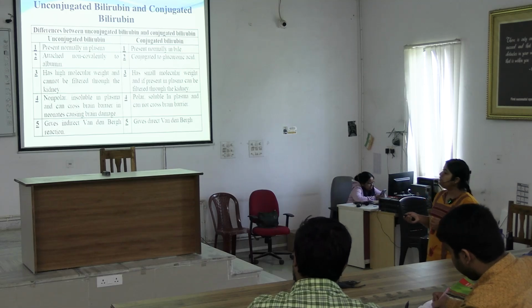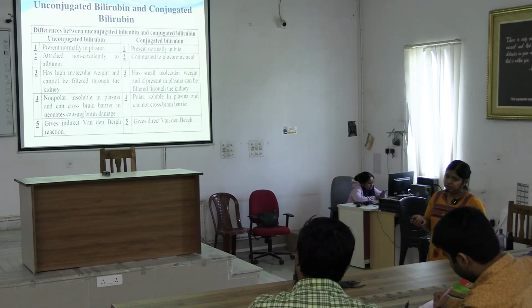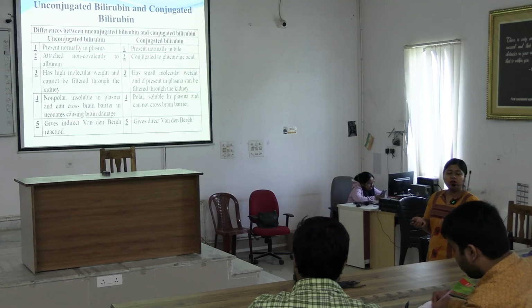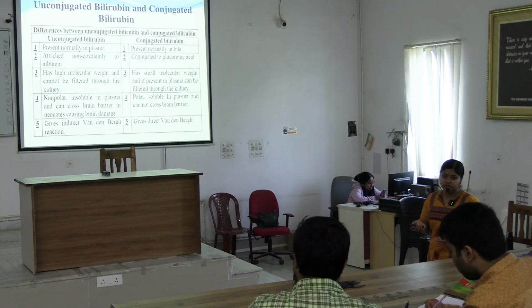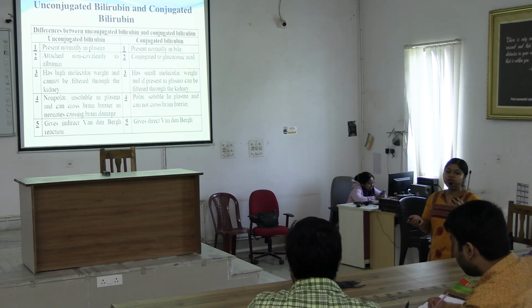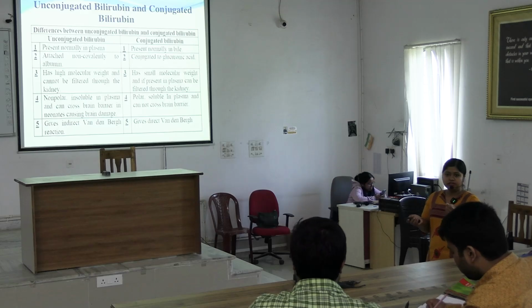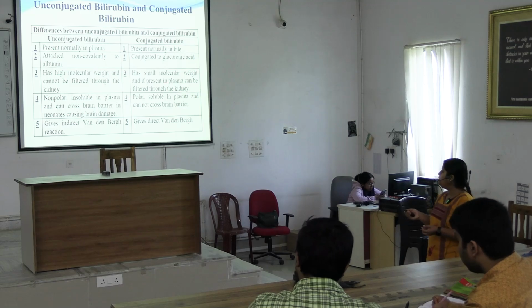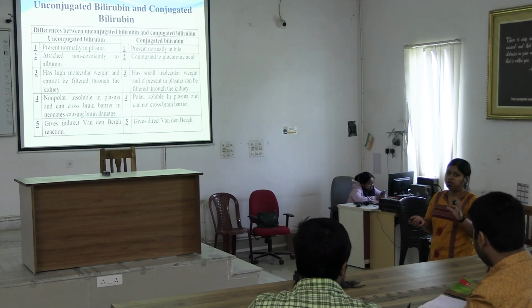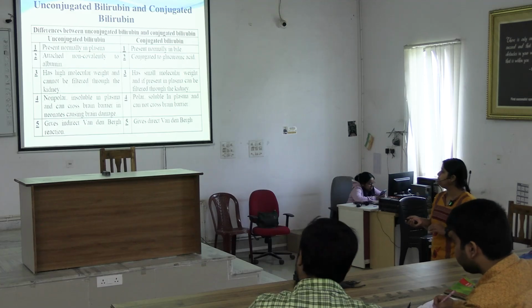As unconjugated bilirubin is attached to albumin, it cannot cross the glomerular membrane, so it cannot come into urine. But conjugated bilirubin is conjugated with glucuronic acid, which is very small in molecular weight, so it can easily pass through the glomerular membrane and come into the urine.